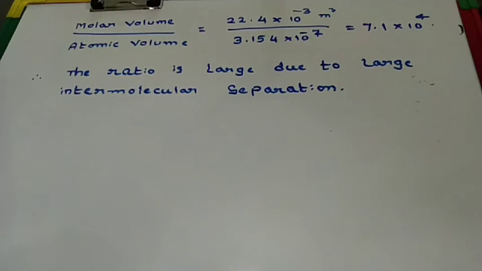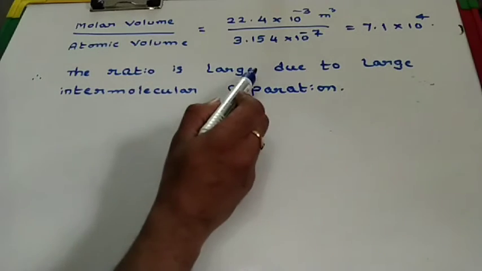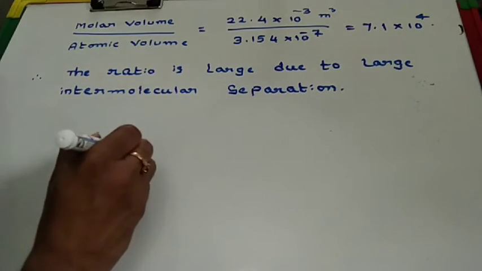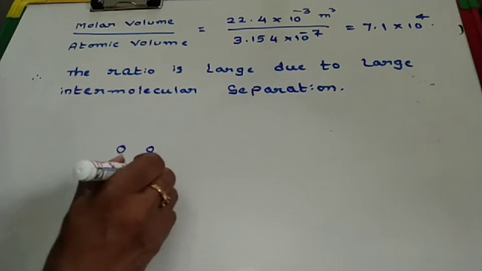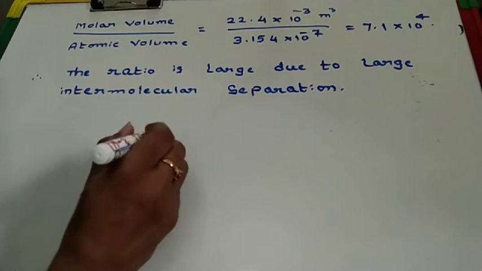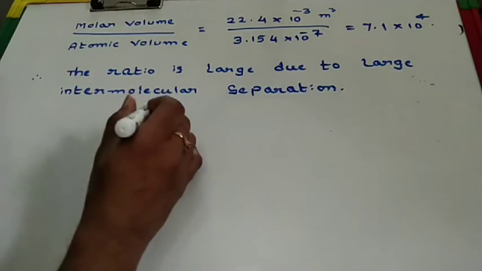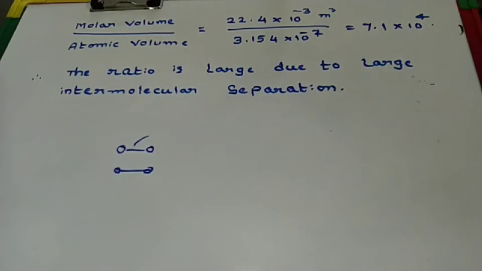So because of that reason, the ratio is large due to the intermolecular separation. That means the gap between the molecules is more. That is why the ratio is large due to large intermolecular separation.